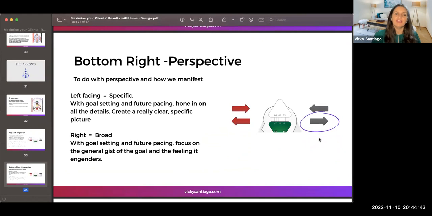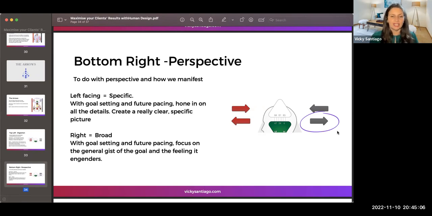To know that if your client has got a left facing arrow, that means that they do best being really specific. When they have that left facing arrow, then with goal setting, you want to be really specific. Exactly how many kilos do you want to lose by when?